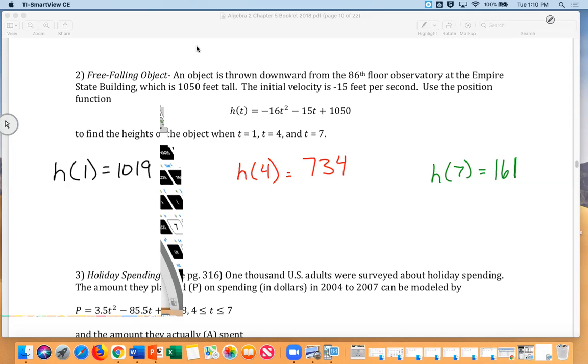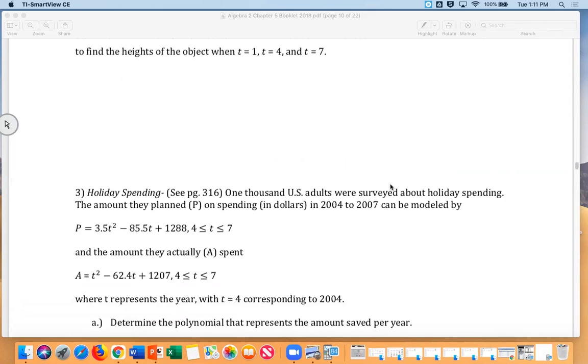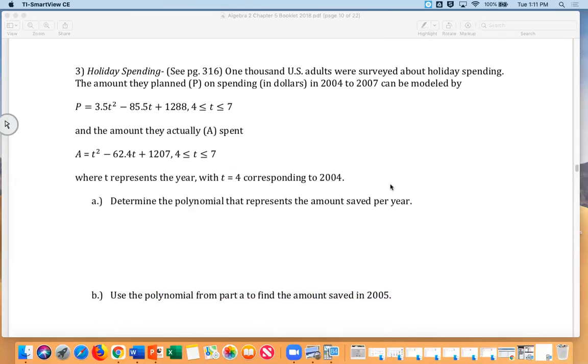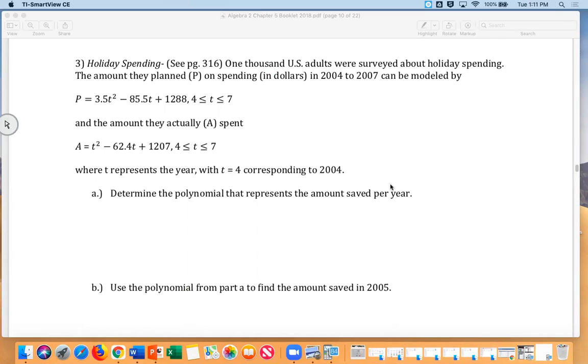Now, a little tougher of a problem. Holiday spending. Thousands of US adults were surveyed about holiday spending. The amount they planned on spending in dollars from 2004 to 2007 can be modeled by P equals 3.5 T squared minus 85.5 T plus 1288.